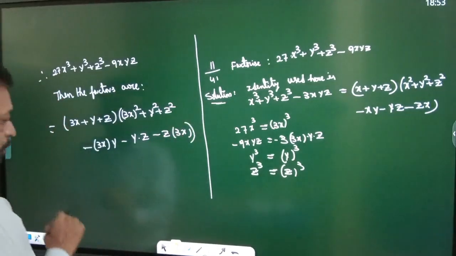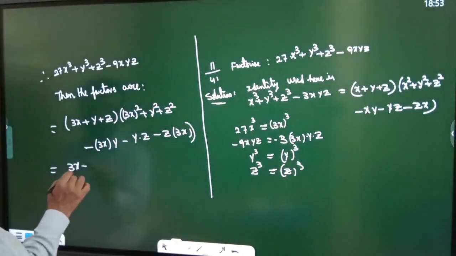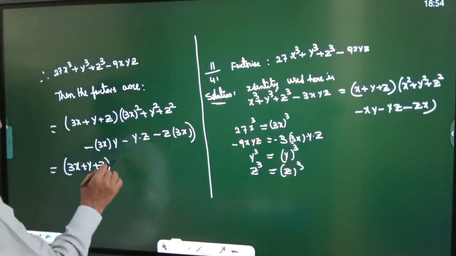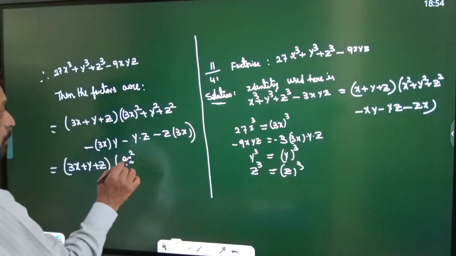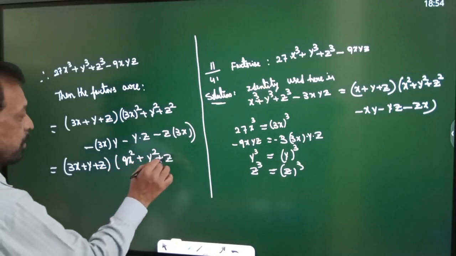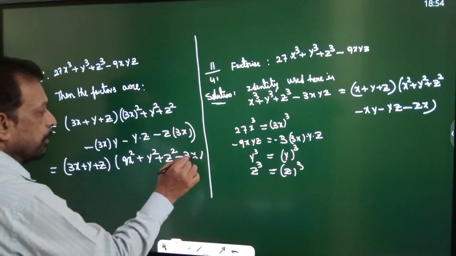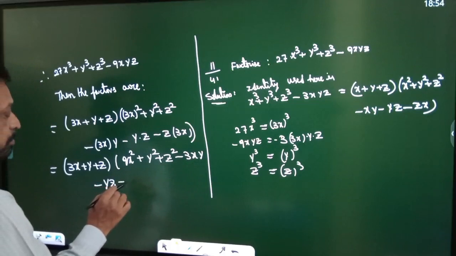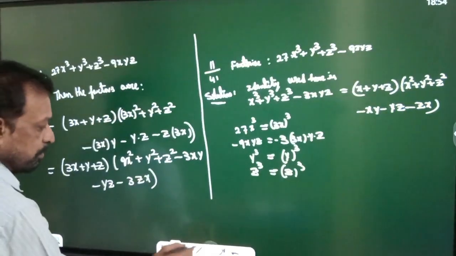Now therefore the factors: 3x plus y plus z is one factor, and the other is 9x square plus y square plus z square minus 3xy minus yz minus 3zx. These are the factors.